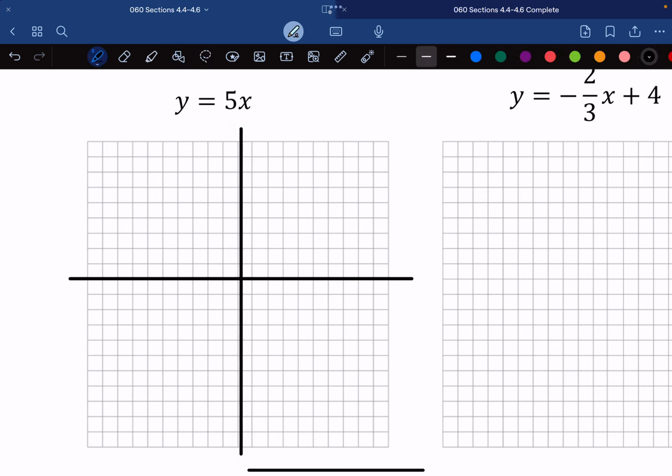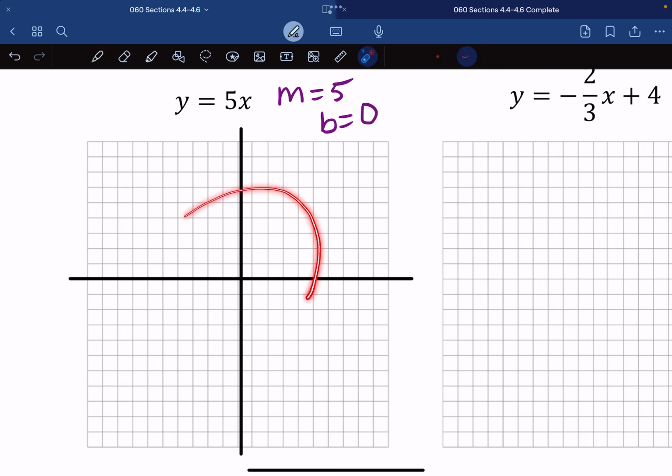If we can identify our slope and our b value or our y-intercept, then we are able to figure out how to graph our equation. Notice that my b value is 0 because there's nothing being added or subtracted in our equation that's not beside the variable, which means it must be 0.